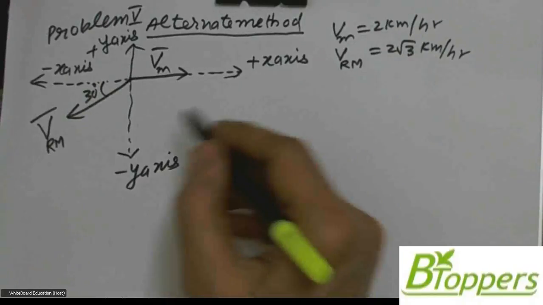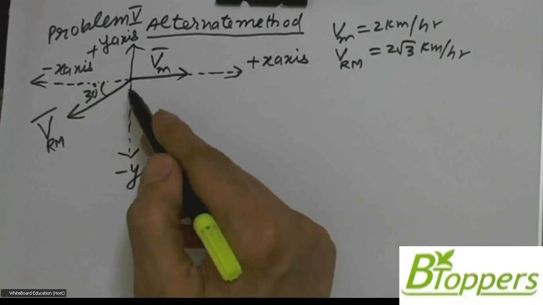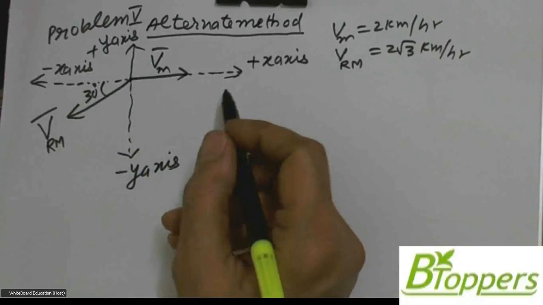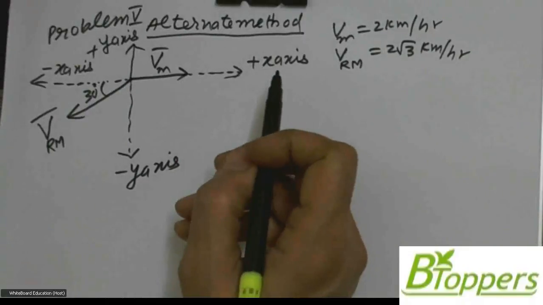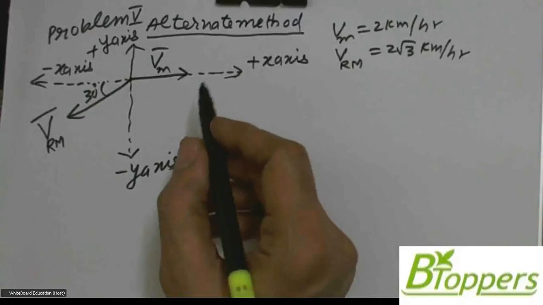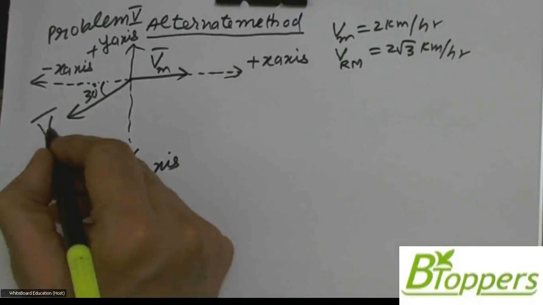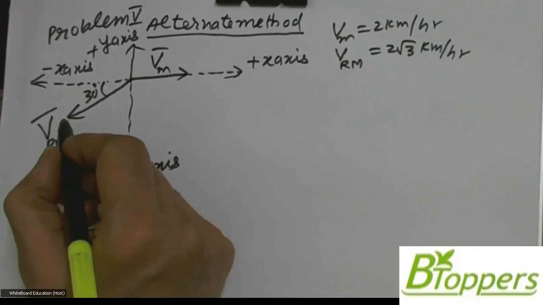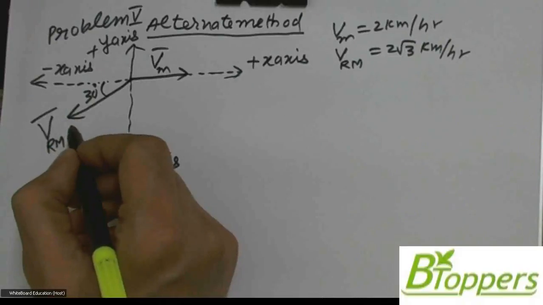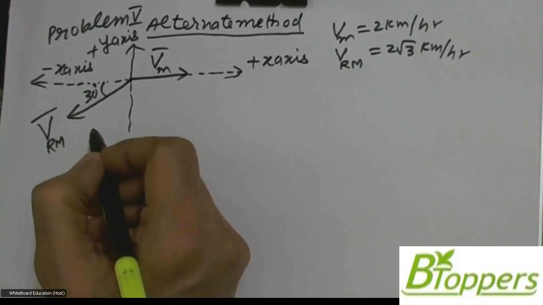That is at an angle of 30 degrees with the horizontal from the front. So you can express each vector in terms of two rectangular components and unit vectors along the x and y directions. So you can resolve the relative velocity of rain with respect to the man into two rectangular components along the horizontal and vertical directions.